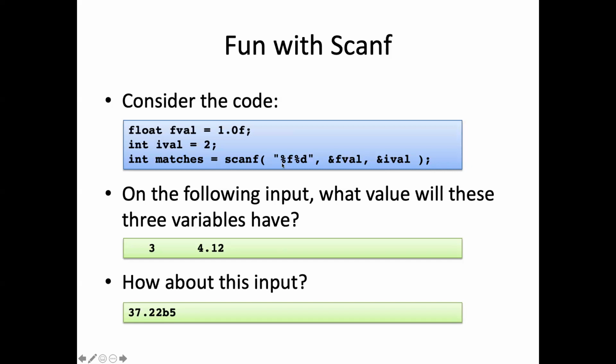And the input was 3.14. Then the 3, I think you're right. The 3, so we're imagining this was %d and then %f. The 3 is a legal int, so it's going to get stored in the int variable. The 0.14 is a legal float, so it's going to get stored in the float variable. Gotcha. Yeah, I apologize. We're talking about an example that's not here on the slides.